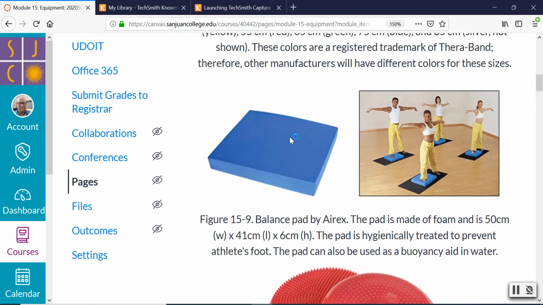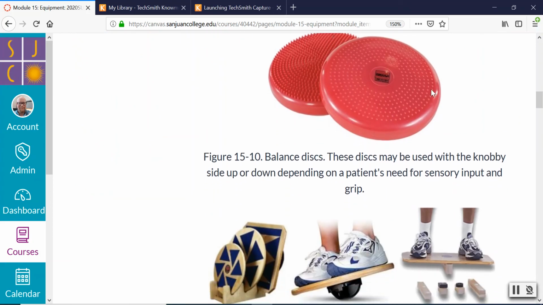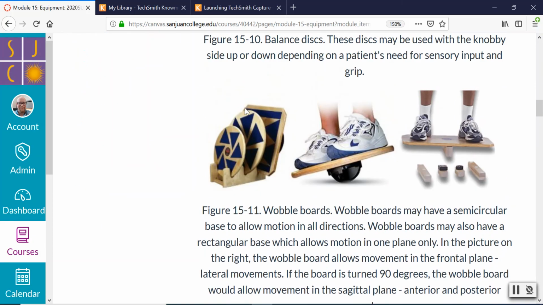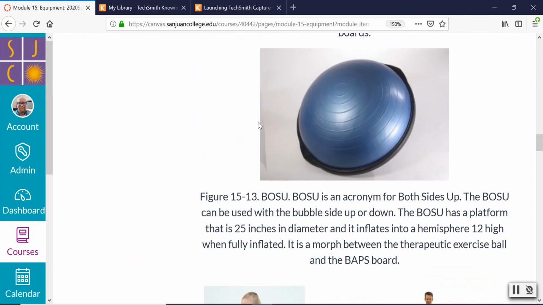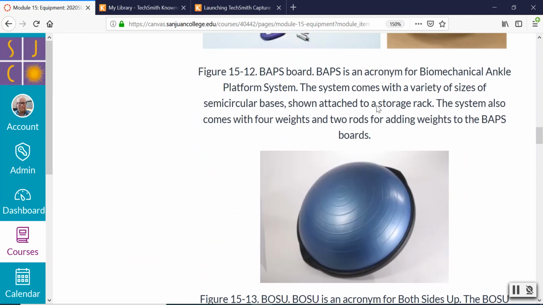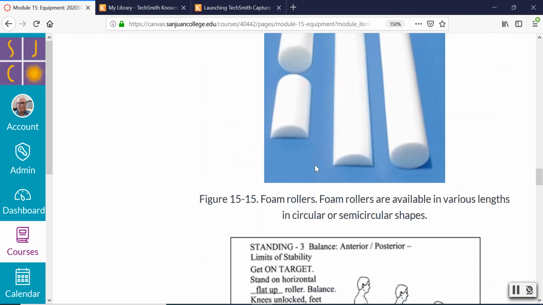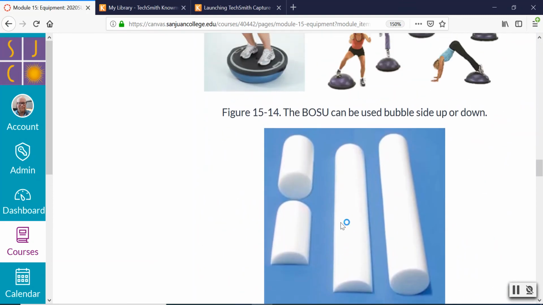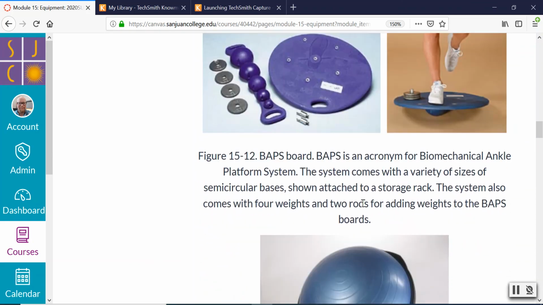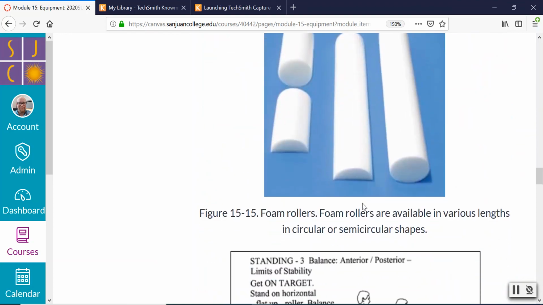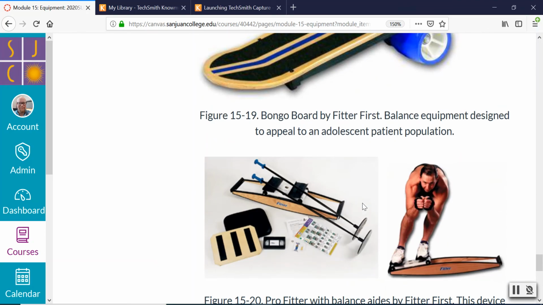So if you're doing standing and you're trying to make standing harder, this is your first step. This is probably your second step. These are kind of your third step. BAPS board is your fourth step. Bosu ball is very similar to a BAPS board, so you can consider it about the same. Foam rollers, they would go about here with the wobble boards, about the same level of difficulty and challenge for them.